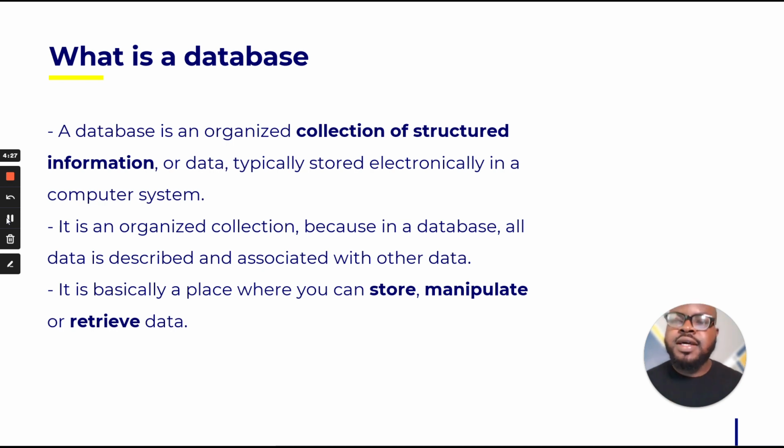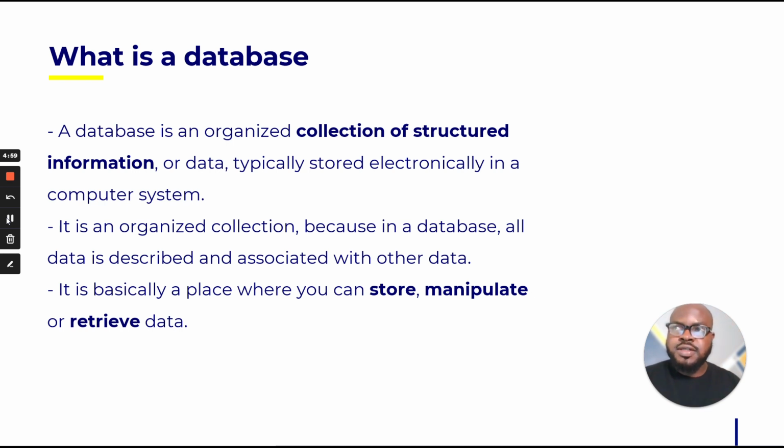So when we say database, what exactly do we mean by a database? Simply put, a database is a place where you can store, manipulate, or retrieve data. It's sort of a repository for data. A database is an organized collection of structured information or data typically stored electronically on a computer system.